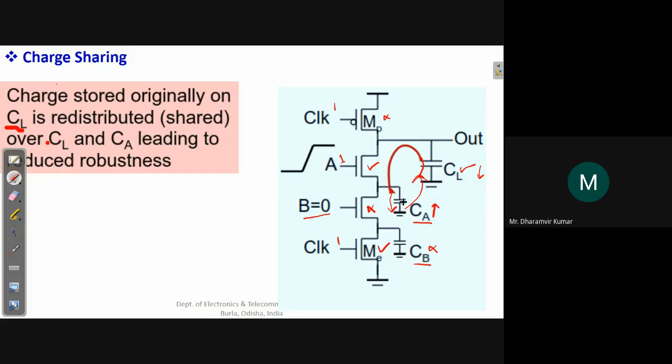But because of this situation, the charge content of CL is getting reduced and it's getting shared with CA. This might pose a problem in future. So this is again one more issue in dynamic circuits.